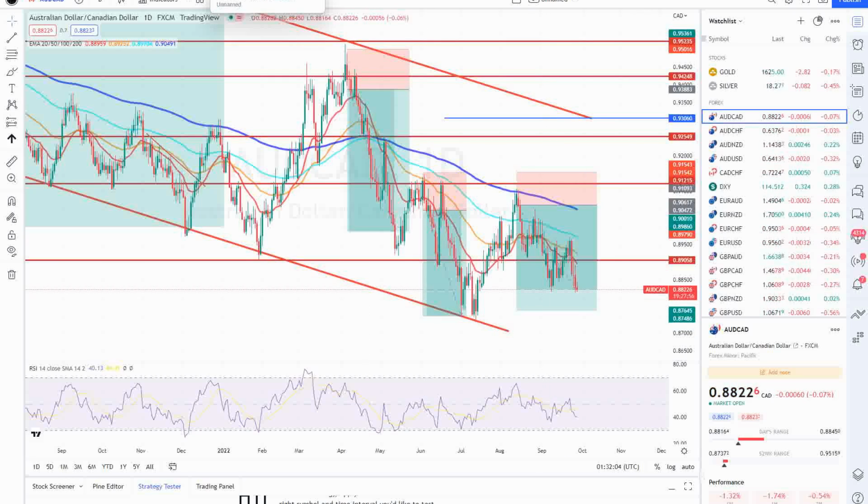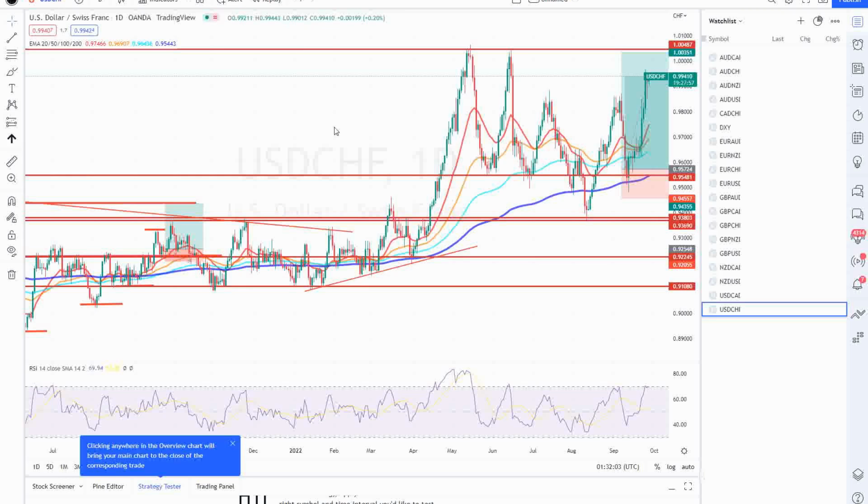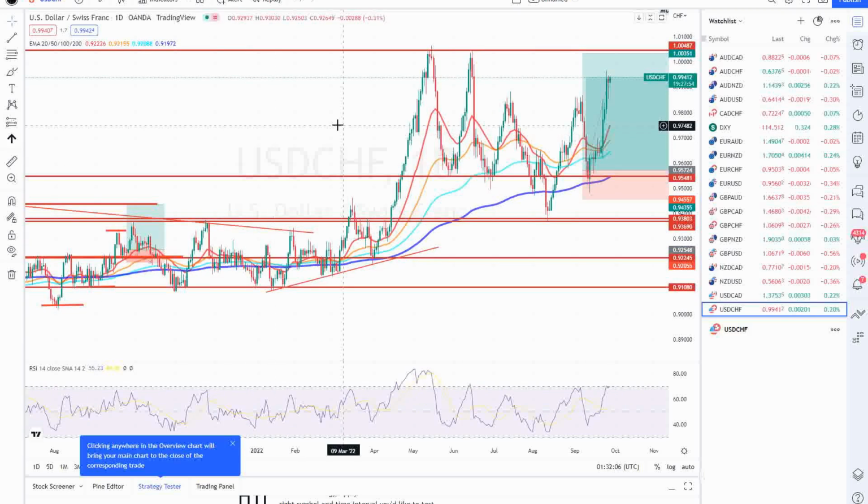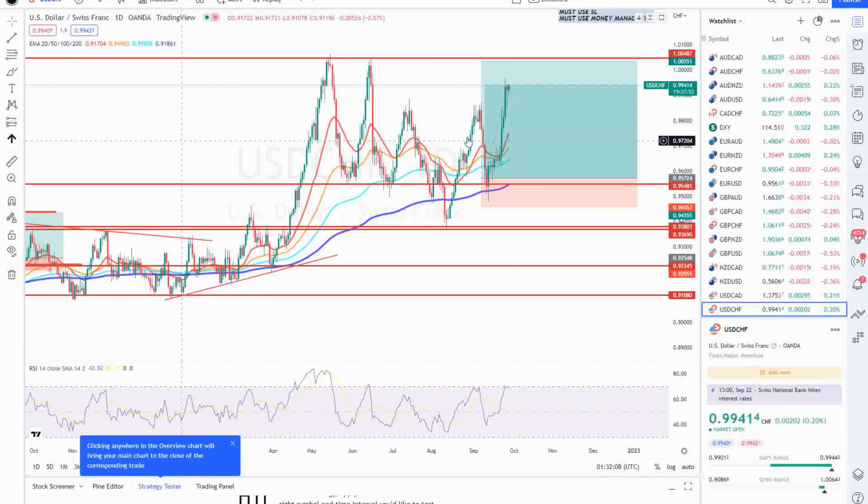And the next one is US dollar CHF. As I mentioned in the previous video, it will break from this level. Now it's a strong probability that it will go up. As you can see, yesterday's candle tested this level again and reversed back, so price is going up and up and up.